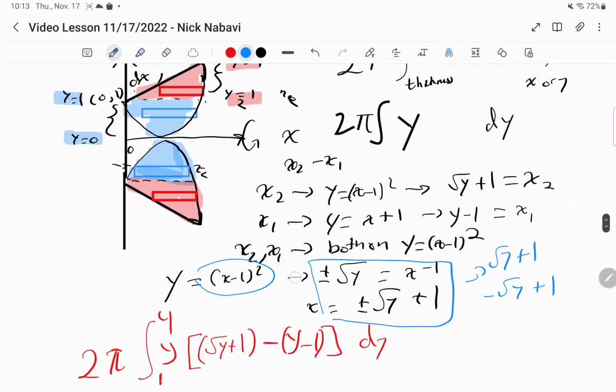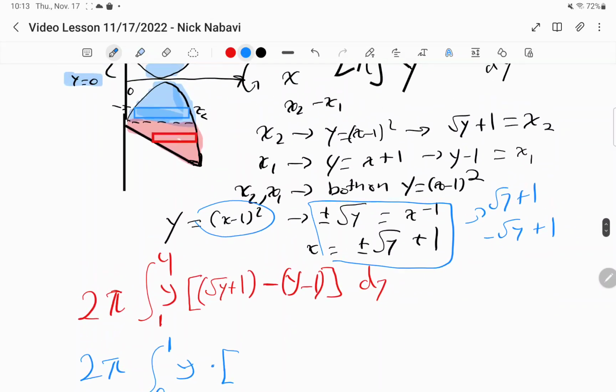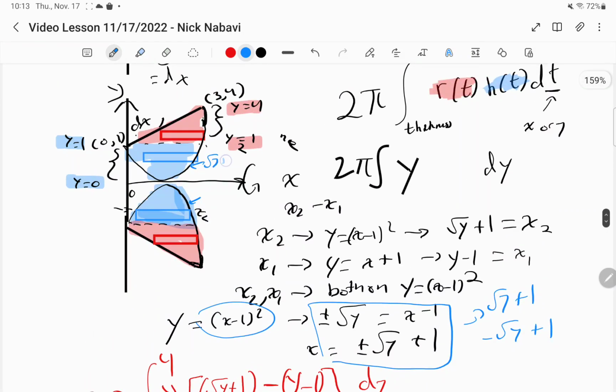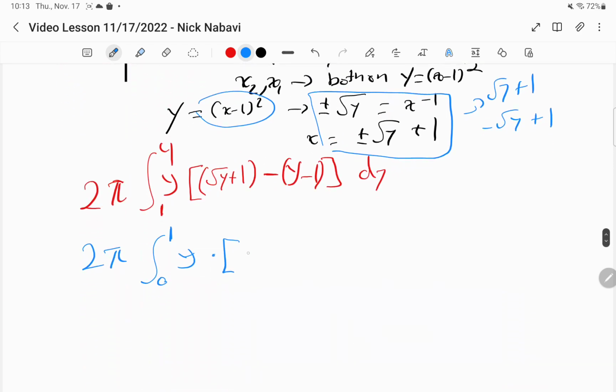The higher one is clearly root y plus 1, and this one is minus root y plus 1. You can just tell because this is a bigger x value than this. So what you get is (root y plus 1) minus (minus root y plus 1).